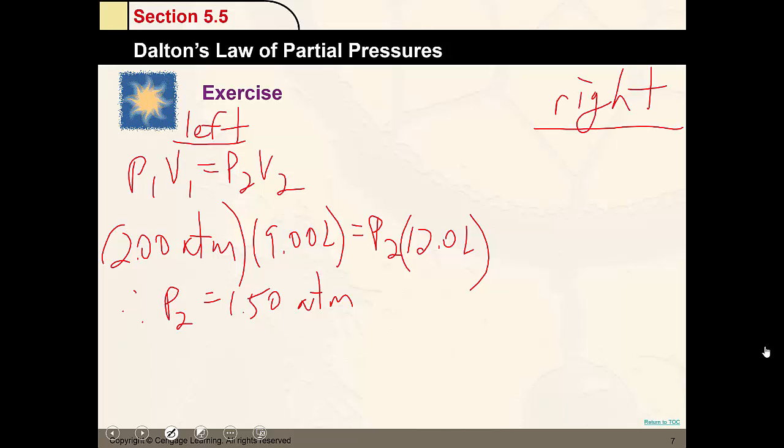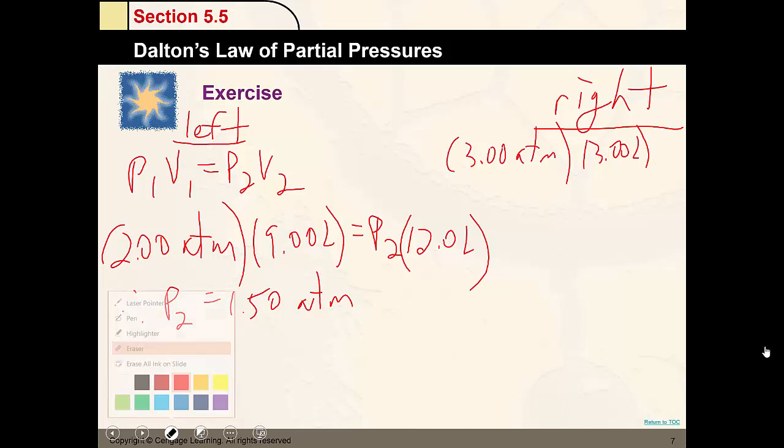Now we can do the same exact thing for the right side. We're using Boyle's law, and its initial pressure was 3 atmospheres. Its initial volume was also 3. We're trying to solve for P2. And now the final volume is still the same.